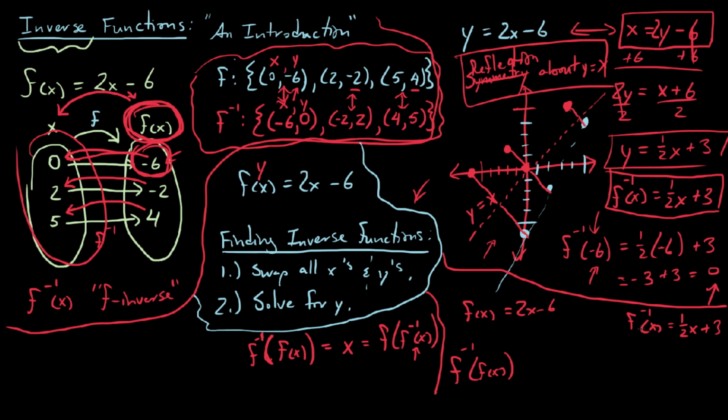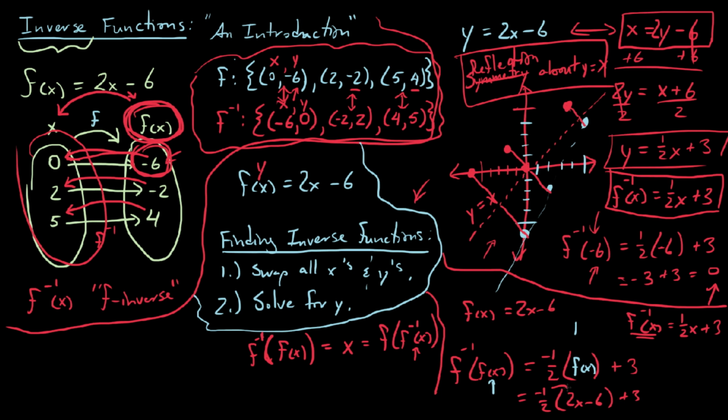What this means is, for our function f inverse of x, everywhere we see an x, we're going to plug in f of x, the original outputs. We know that f of x was 2x minus 6. So we have 1/2 times 2x minus 6, plus 3.